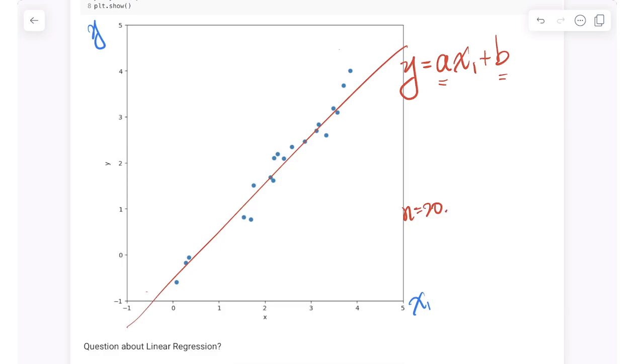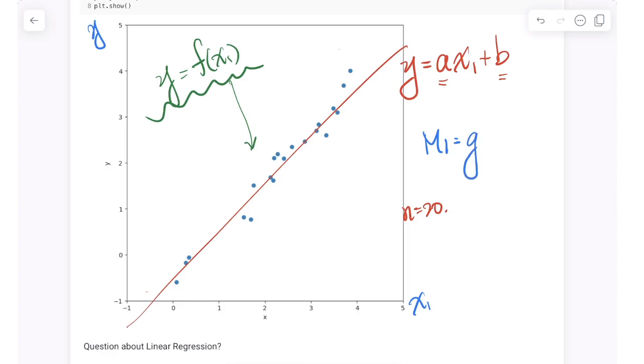Although we don't know exactly how the distribution or how exactly these data points were created by the f function, we can use some way to create a model. For example, that's model 1, g of x1. We know it looks linear, so we can use a line to describe it.